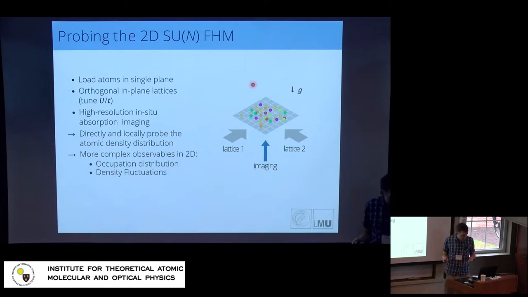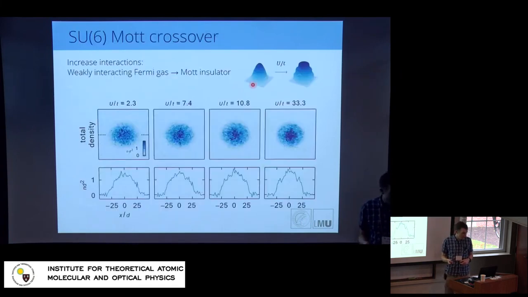This allows us to have a relatively high resolution, but not single-site, in situ imaging, so we can measure local quantities. And because it's 2D and there's no averaging, we can measure more complex things like fluctuations of atoms, to measure things like compressibility, as we'll see in a second.